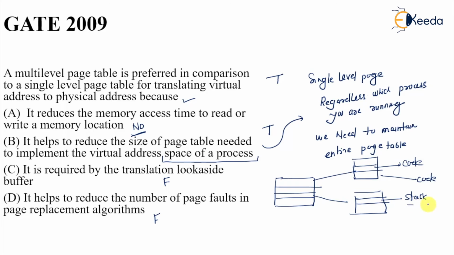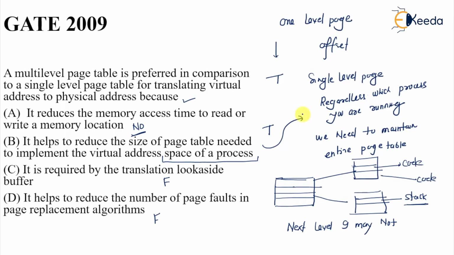Understand that in one case it has to be contiguous, and I have to maintain all the contiguous entries for the one level page table, because the offset is contiguous in nature. Here we have only an offset for the first level, then it will go to the next level. In the next level I may not need the entire pages; maybe I require only 2.